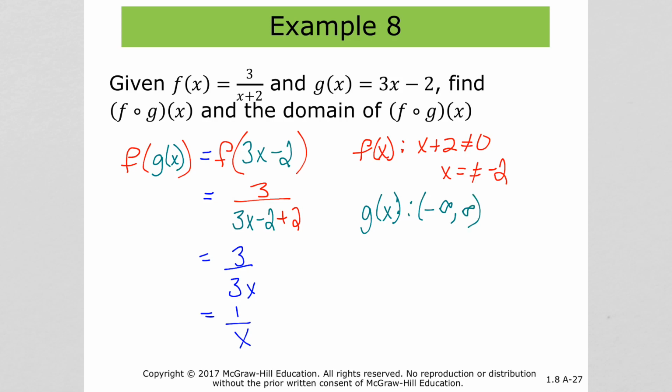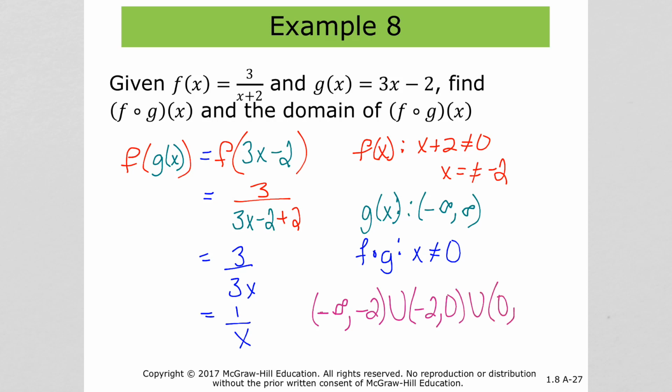And then what about g of f of x? Well, the bottom cannot be 0, so x cannot be 0. So the domain for the composition, we have to include both the not negative 2 and the not 0. Okay? So we've got negative infinity to negative 2 unioned with negative 2 to 0 unioned with 0 to infinity.